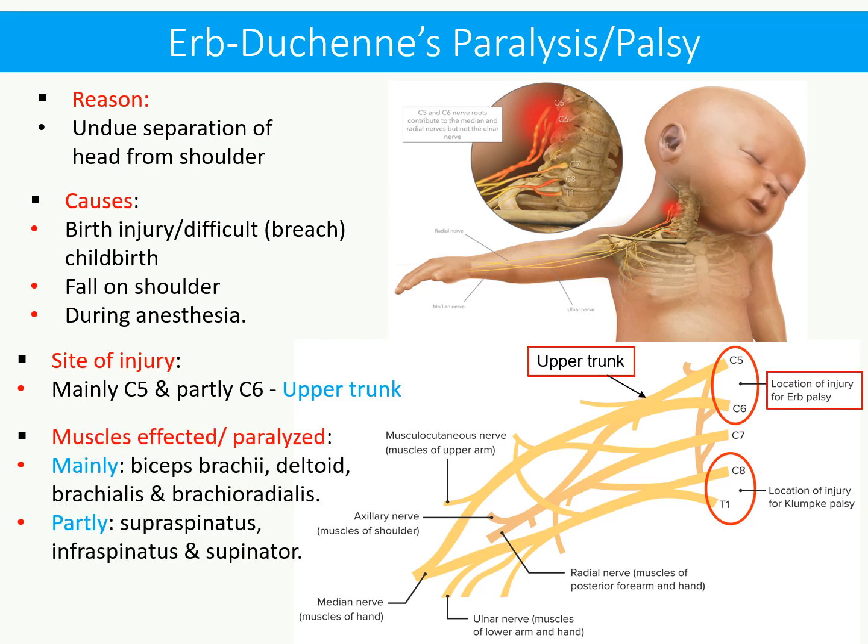The affected muscles are mainly the biceps brachii, deltoid, brachialis, and brachioradialis. Some of the muscles may be partially affected, and those are supraspinatus, infraspinatus, and supinator muscles.